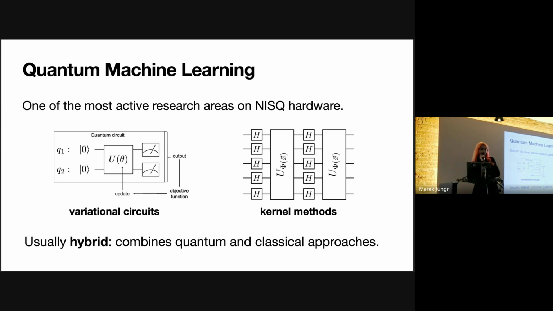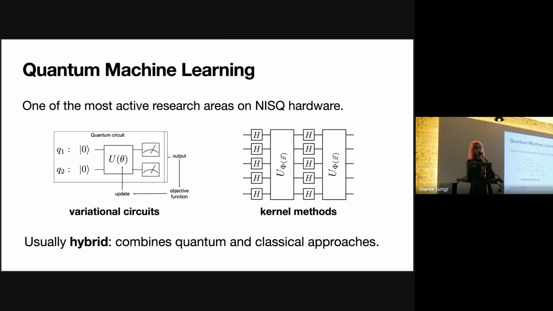What does it mean? Usually these quantum machine learning algorithms work in some hybrid mode, which means that some part of the computation is done on the quantum hardware and some part is done on the classical computer. Why? Because the quantum resources are much more limited and pricey, and also due to these errors.